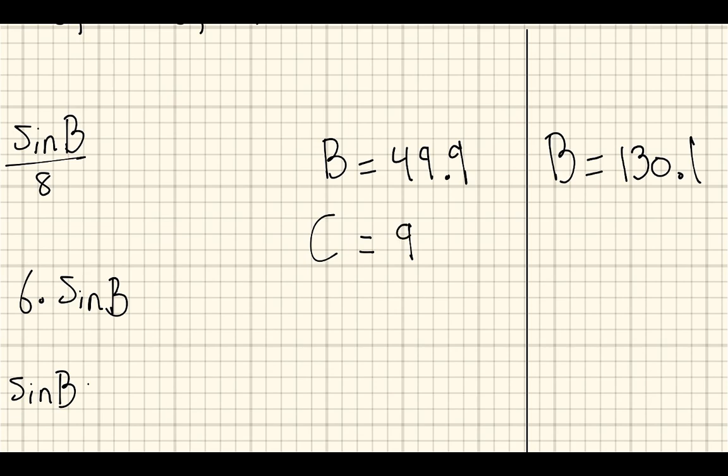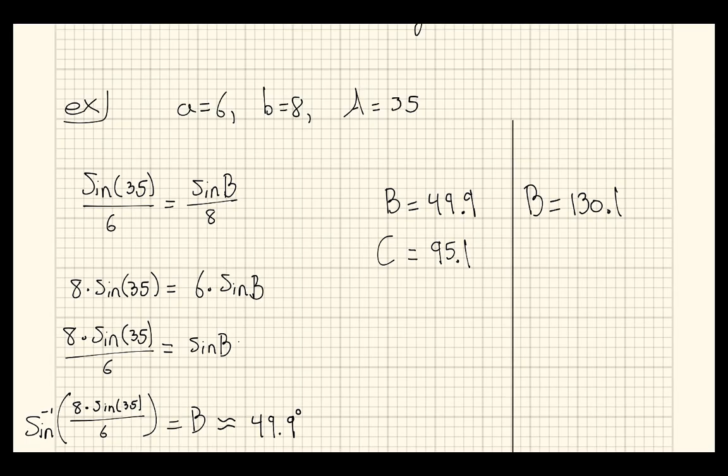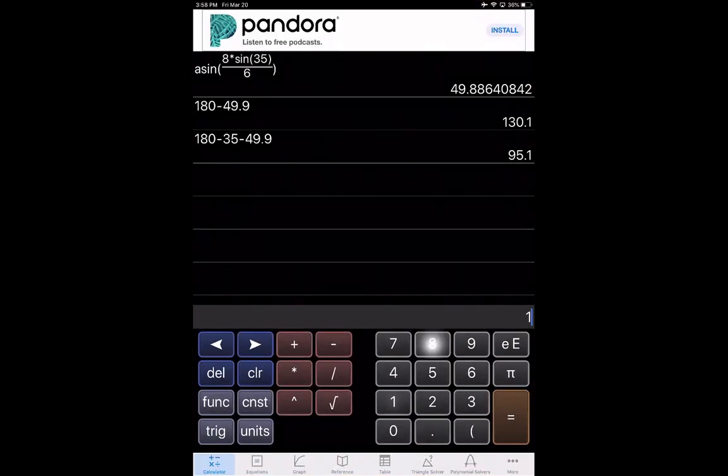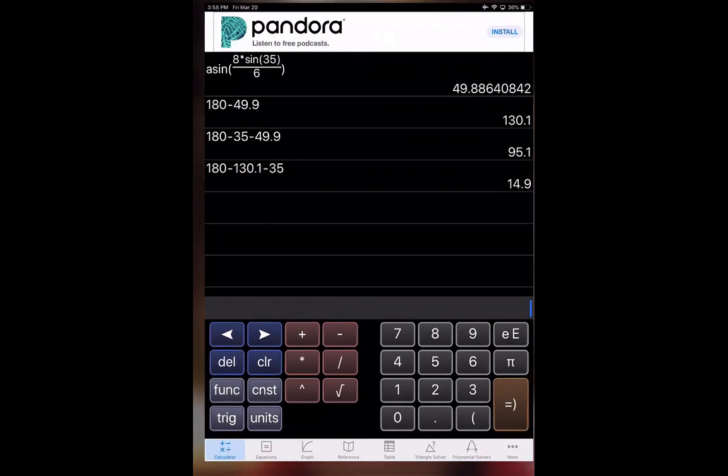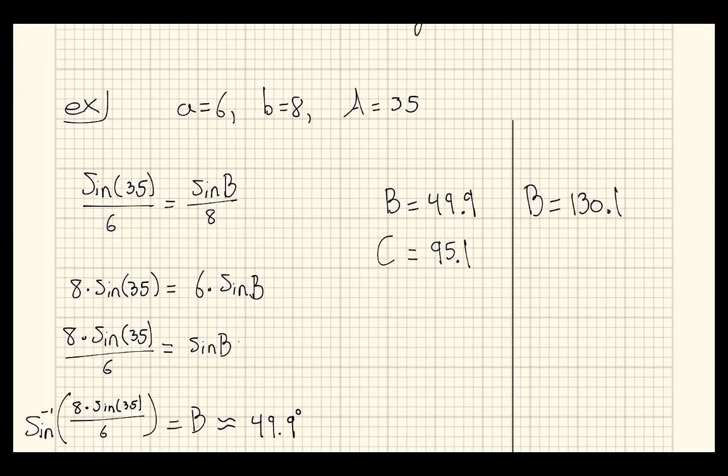So C could be 95.1, or C could be 180 minus 130.1 minus 35, which is 14.9, depending on how we draw the triangle. So then we need to proceed. What would little c be here, and what would little c be here?